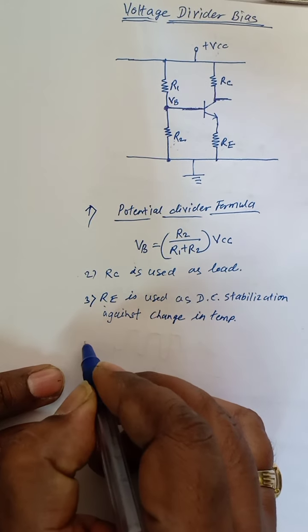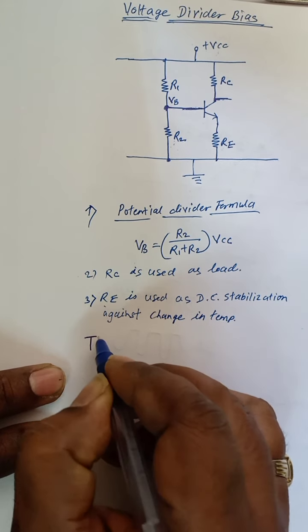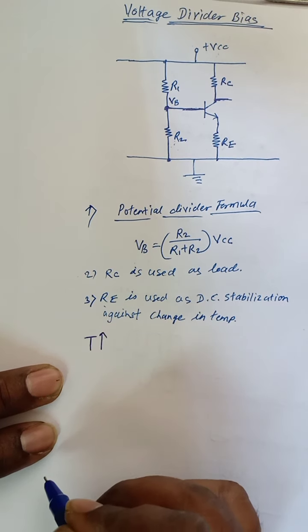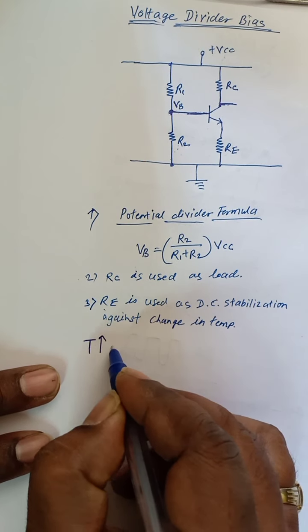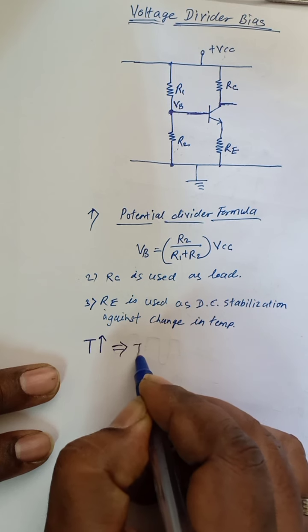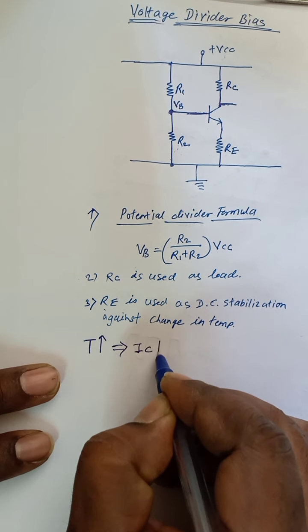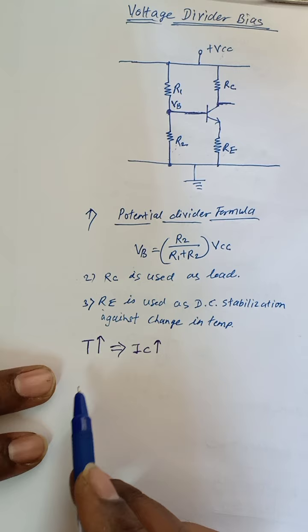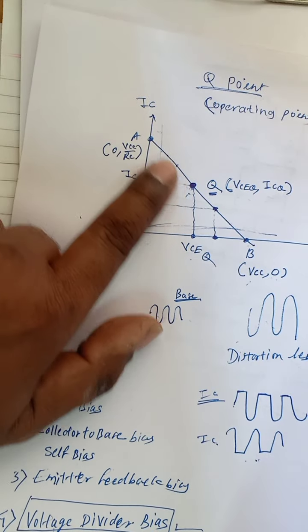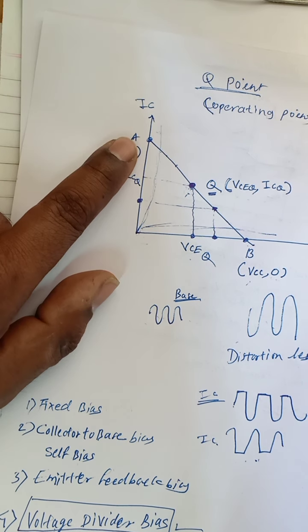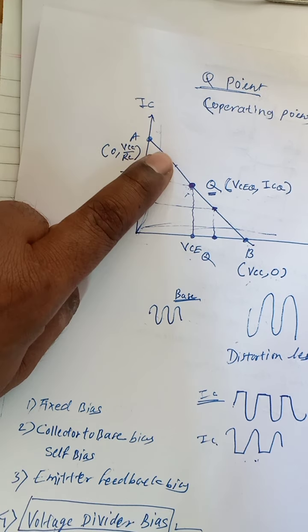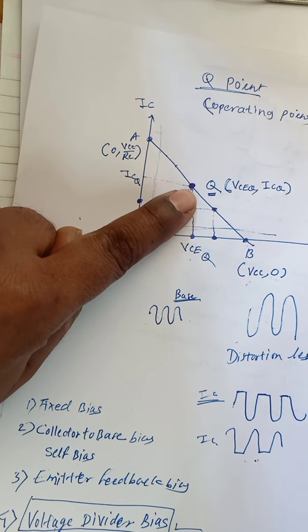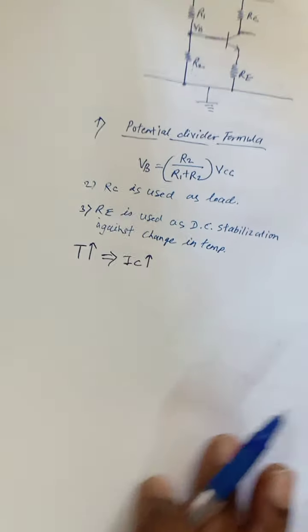As the temperature of the transistor increases, the collector current through the transistor increases. Collector current increases means the Q point shifts up. We don't want this Q point to shift up, and it gets stabilized by using the RE.